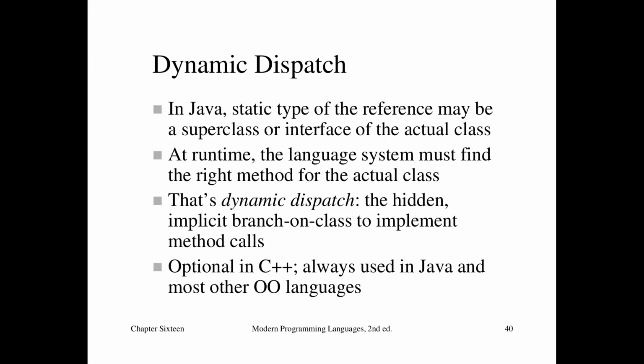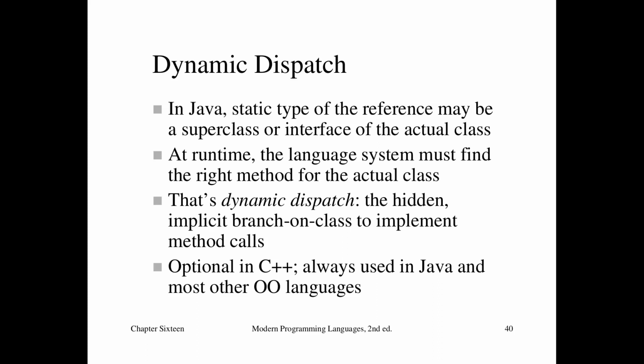And so this gets us to the question of, well, how does that actually work? Essentially what's happening is we have some reference, right? The static type of the reference may be a superclass or interface of the actual class that the object is of. But because types for a class are inherited, we know that it must be of type drawable. Thus, it has the show and hide methods.